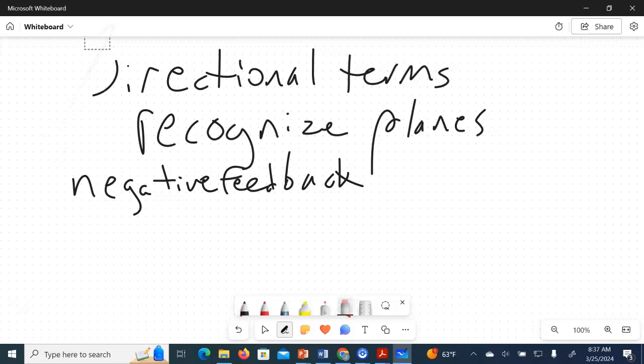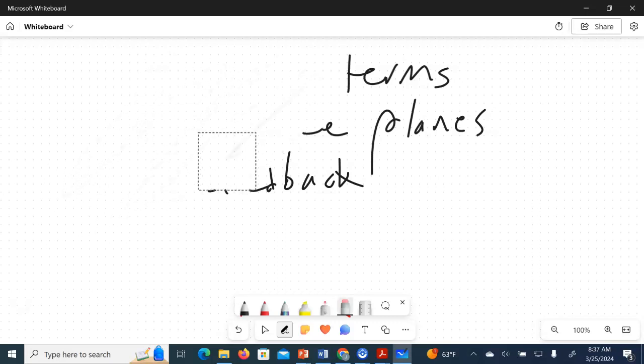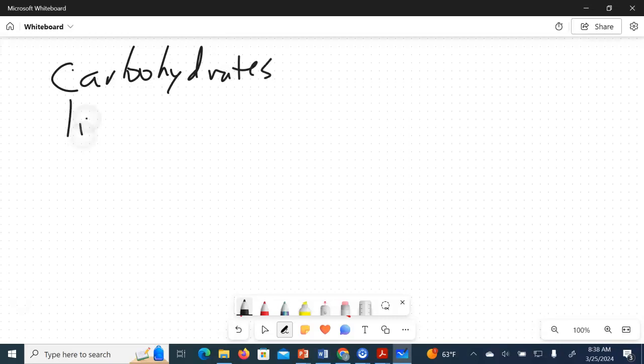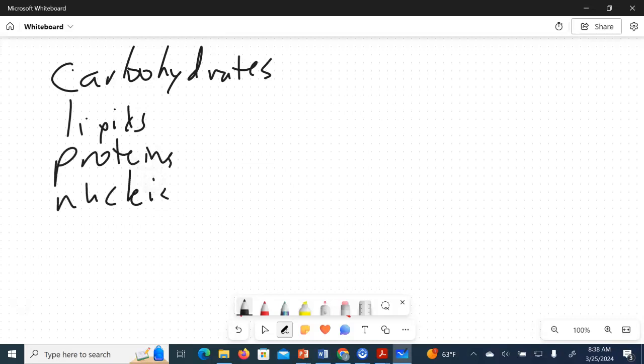Okay, I'm not terribly worried about chemistry because most of our chemistry stuff is going to be sort of discovered through application, where you'll catch on to this because we use it a lot. Things you should be familiar with, however, we have our organic molecules: our carbohydrates, proteins, nucleic acids.